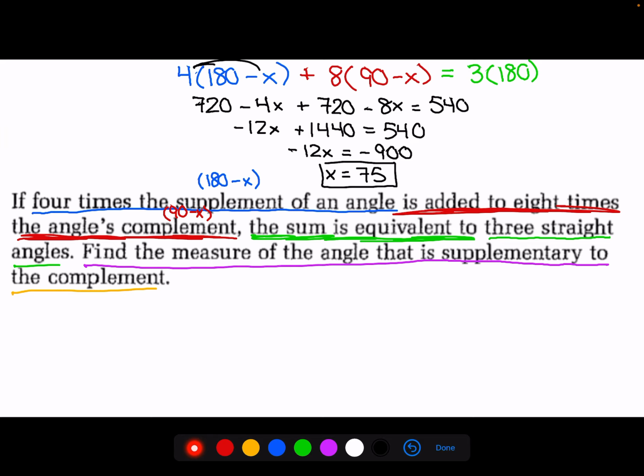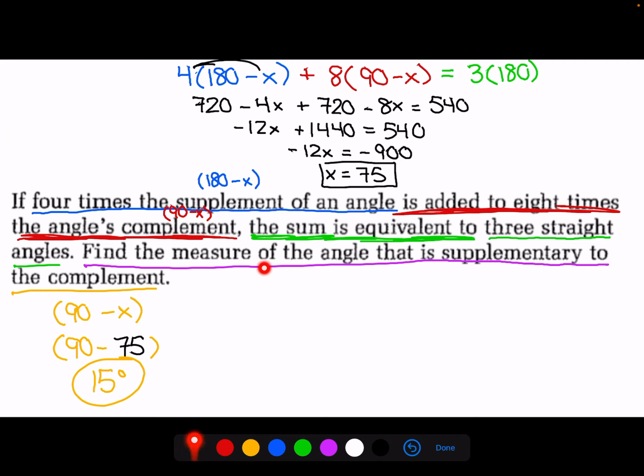We want to find the measure of the angle that is supplementary to the complement. So I need to find the complement next. Well, the complement is just 90 minus x. So we have 90 minus 75. Well, 90 minus 75 will just give us 15 degrees. So that's our complement. Our complement is 15 degrees.